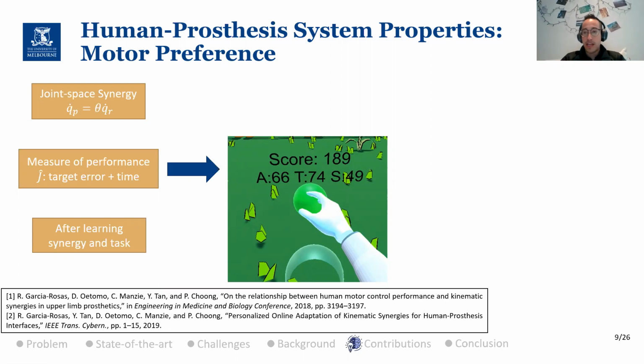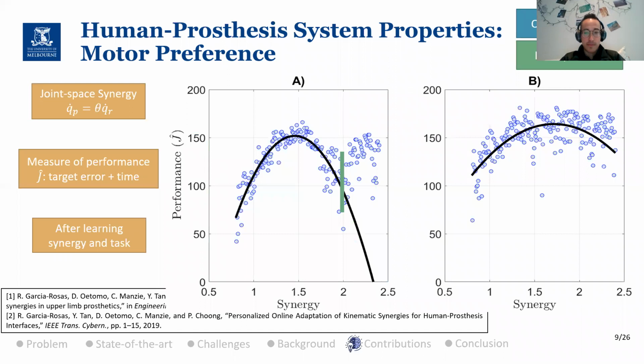You don't want to just say reach a target, because they may think they need to do it really quickly, or slowly and accurately. So presenting this measure of performance was really important to get people to know their objective. And these are the results from that experiment.